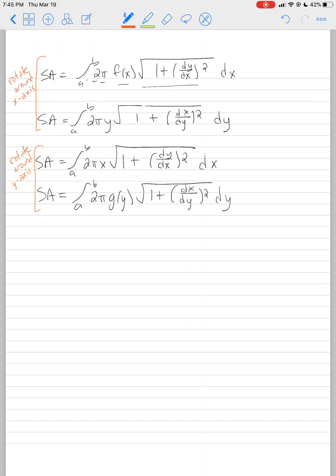Now, within those 2, I'm going to use this one if the function is defined as y equals f of x, and this one if it's defined as x equals g of y. Similarly down here, this is the y equals f of x one, this is the x equals g of y one.